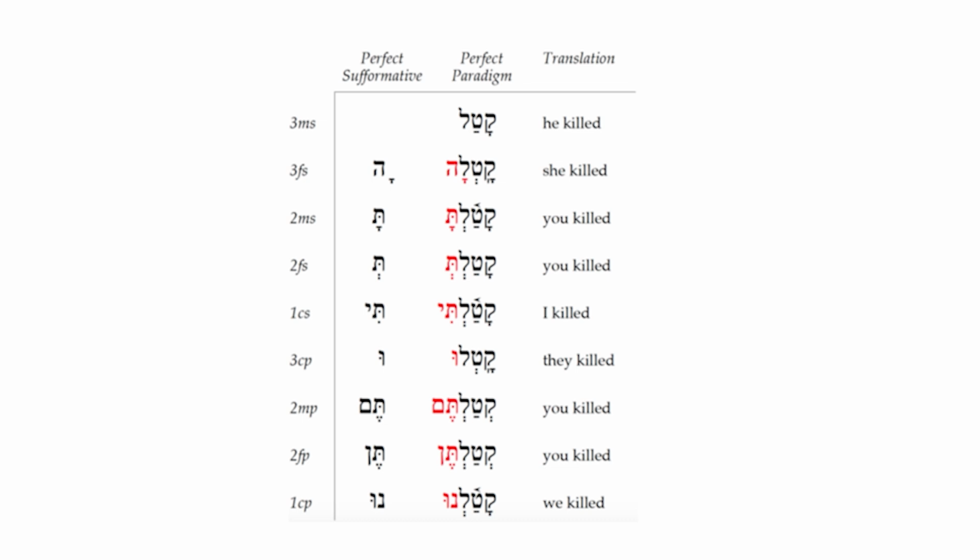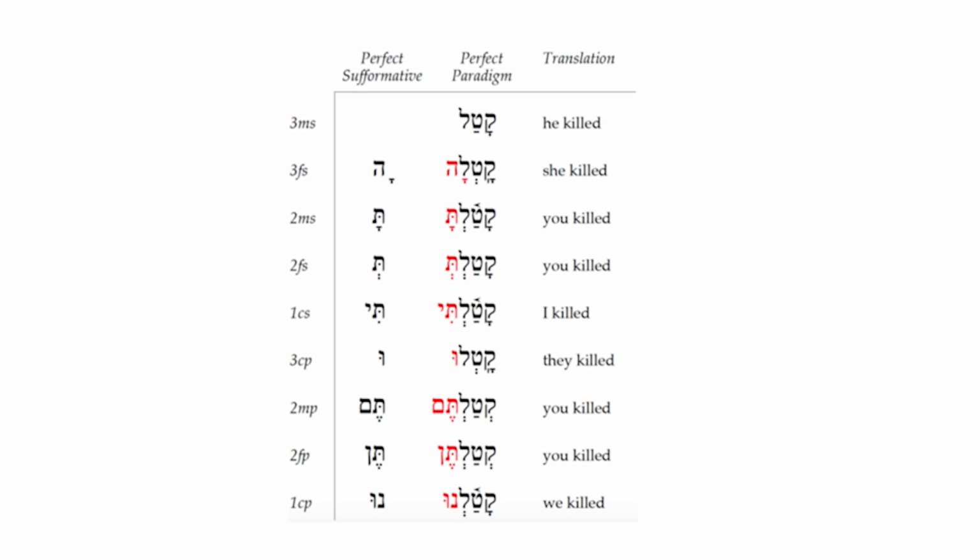So if I want to say she killed, I would add an ah sound at the end of the verb katal, and I would say katala. If I want to say that I killed, I would add a t sound to the end of the word katal, the verb, and say katalti. So the sufformative is added to the end of the root verb to identify the person, gender, and number.